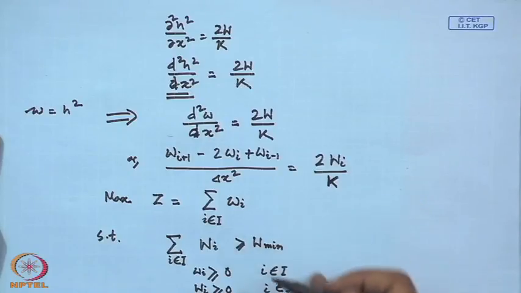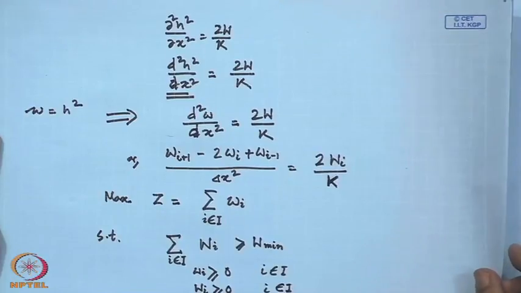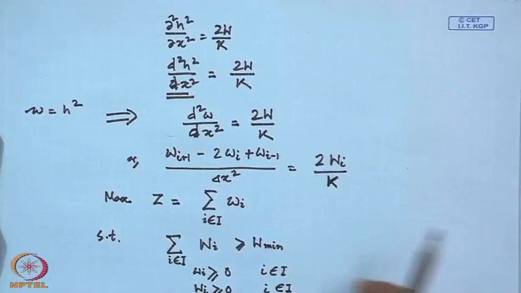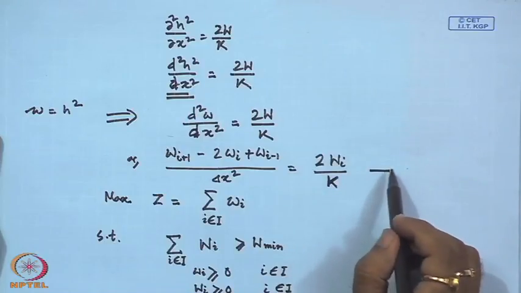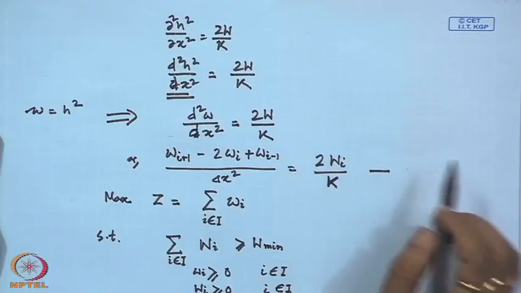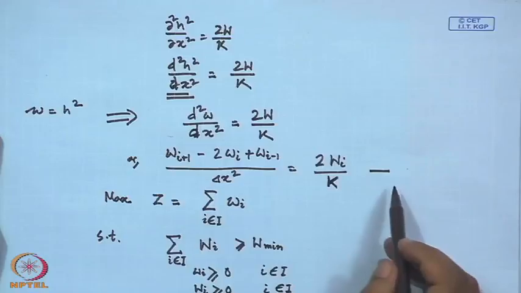These constraints need to be satisfied for our optimization problem, and this particular equation acts as the binding or equality constraint.